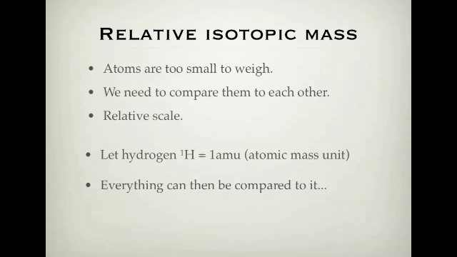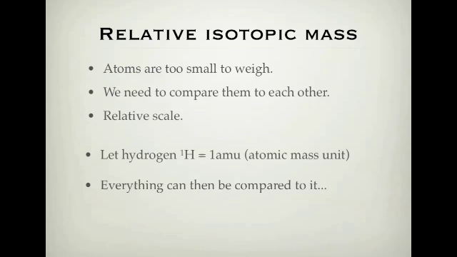We get a relative scale, and that's built around the fact that hydrogen is going to be one atomic mass unit. Everything else is then compared to hydrogen. So we let hydrogen equal 1, and we get some helium, and we notice that it weighs 4 times as much as hydrogen. So we give helium a mass unit of 4.